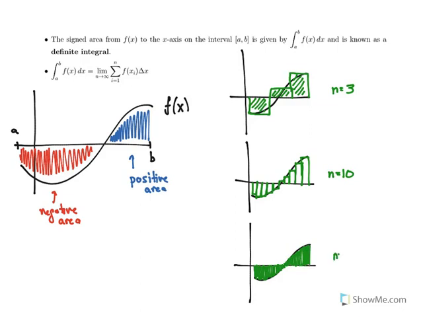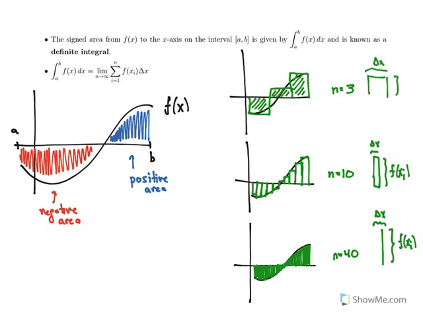In this case, I drew 40 rectangles there. In this case, the rectangle is really just that width. The width here we're going to call delta x. The height of the rectangle is f of x sub i, and we can do that for all of these rectangles here. In this case, the first one, delta x is pretty large.